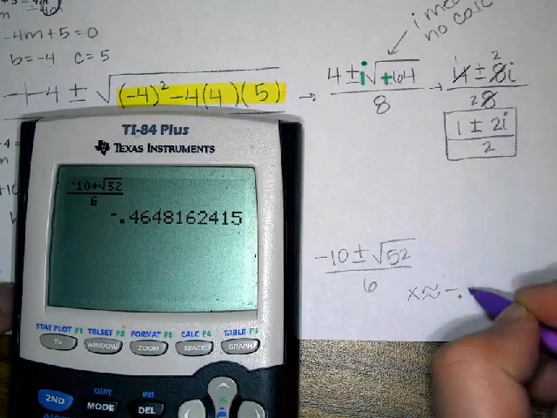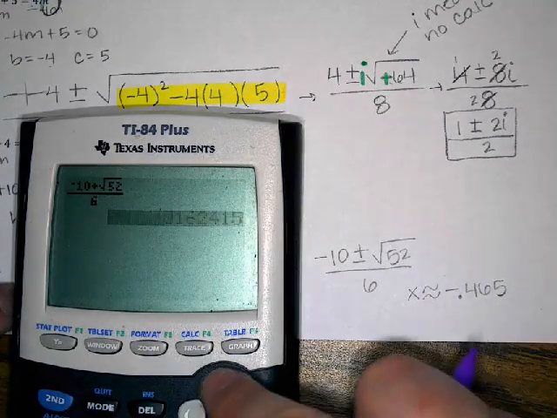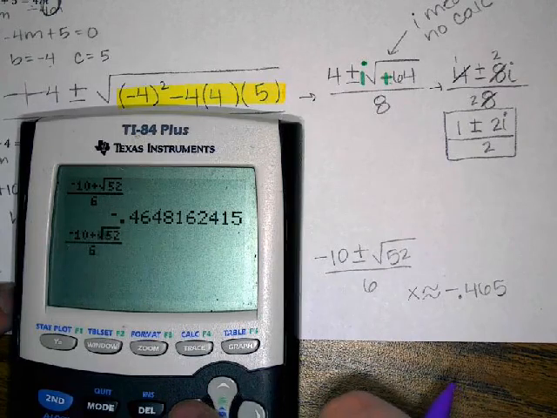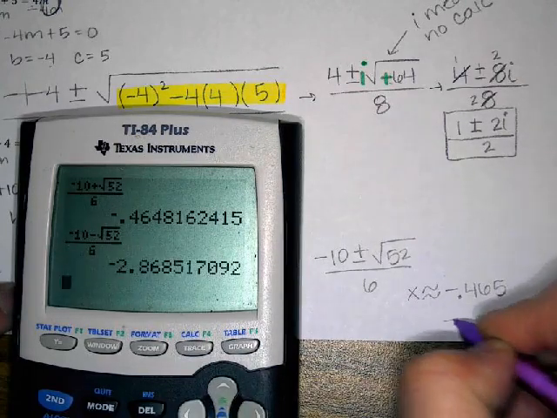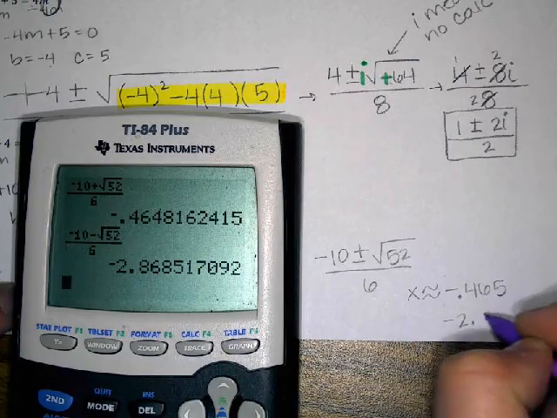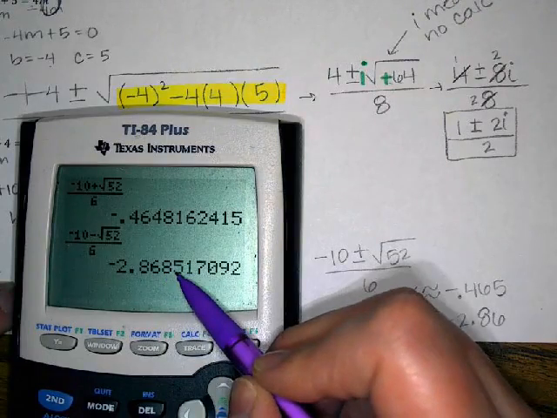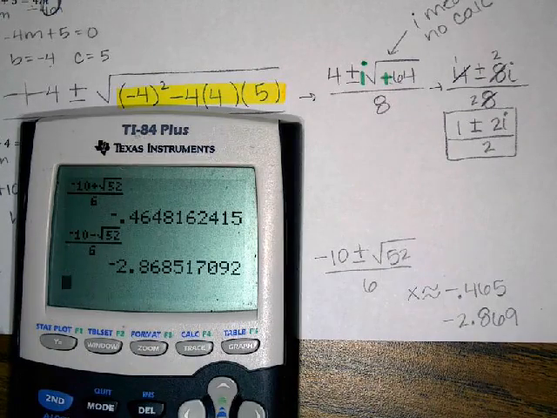I'm going to go back, copy paste this answer and put a negative there. Negative 2.86. The 8 is followed by a 5, so I have to round this to a 9. That's the answer.